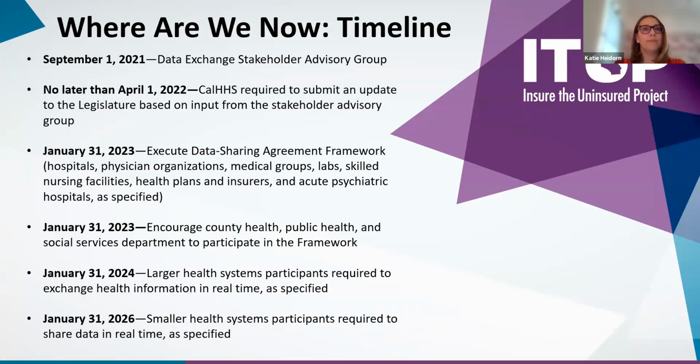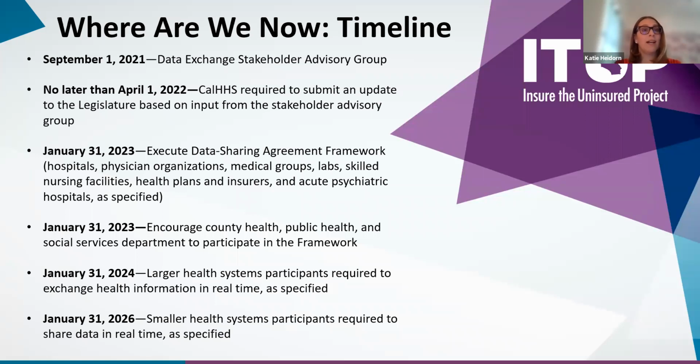So where are we now? As I said, this is a really aggressive timeline. The Cal HHS, the Health and Human Services Agency, has set up a data exchange stakeholder advisory group that some of you may have been listening into. It met 2 days ago. They're meeting about monthly right now. And they have a myriad number of subgroups and subcommittees working on all of these nitty-gritty data elements that also need to be included.